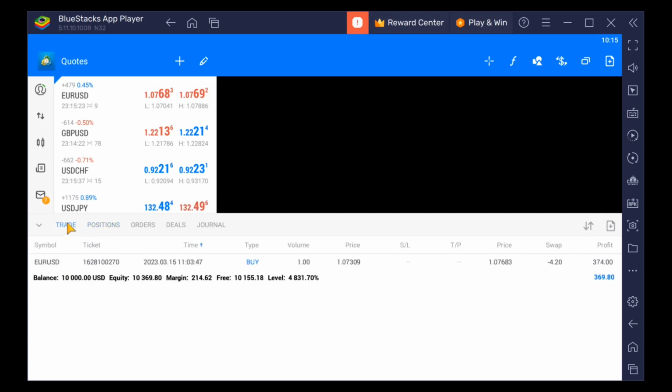If you come to trade here, you see you have balance 10,000, you have equity 10,365. That's because there's a trade running and it's on $270 profit. So that profit is added to the balance to give us the equity. That's what equity is. So that's clear. Let's proceed.